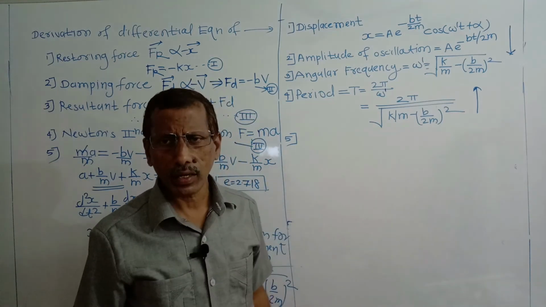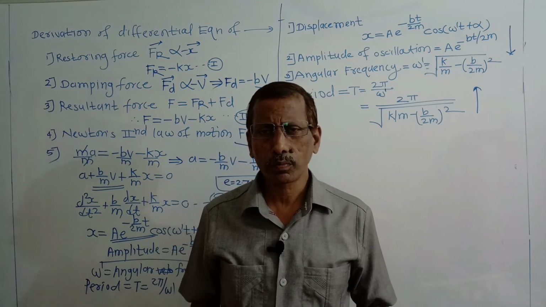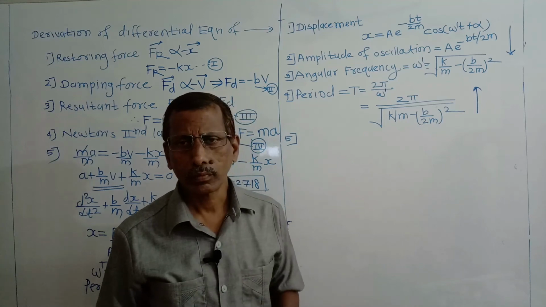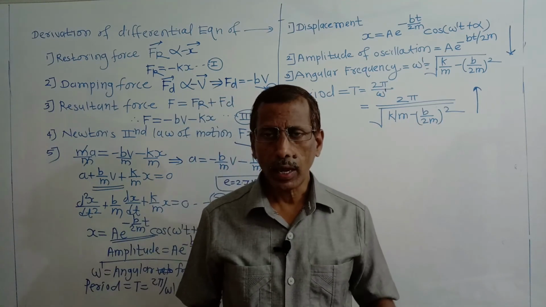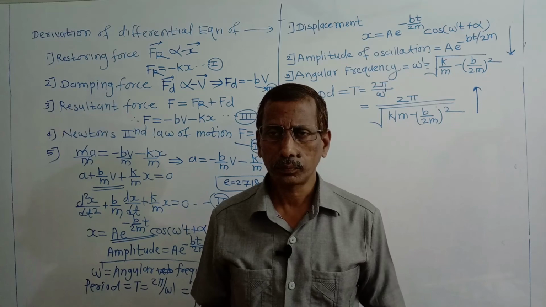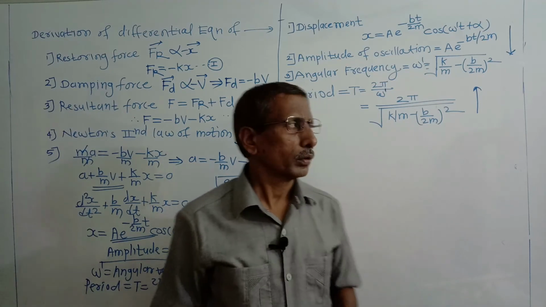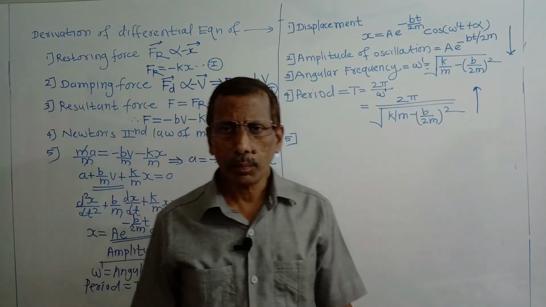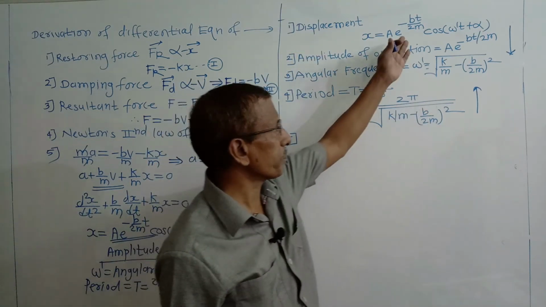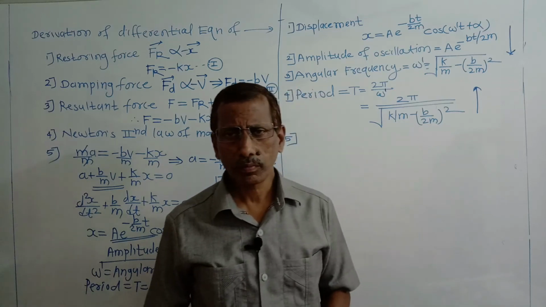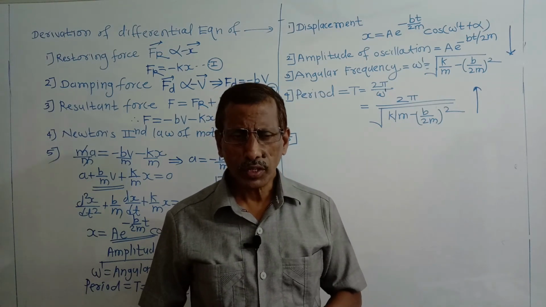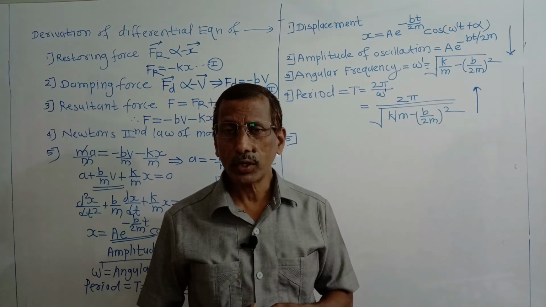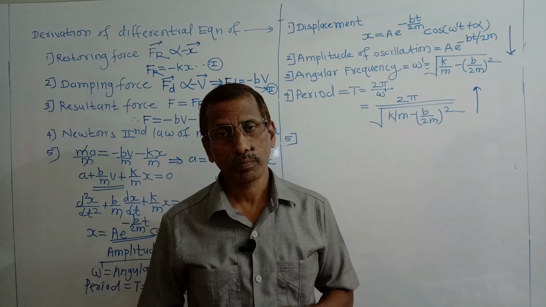So we can say that the damping force increases the period of oscillation and decreases the amplitude of oscillations. From this, when we put different values of t and the phase, we conclude that the displacement is going to decrease with respect to time.